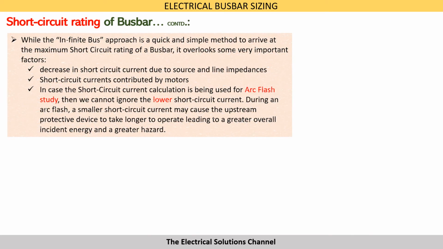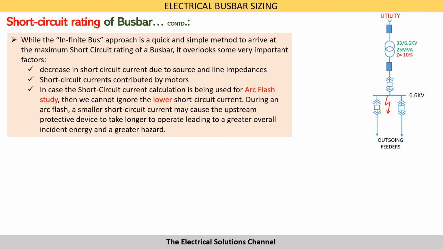While the infinite bus approach is a quick and simple method to arrive at the maximum short circuit rating of a busbar, it overlooks some very important factors: decrease in short circuit current due to source and line impedances, and short circuit currents contributed by the motors.